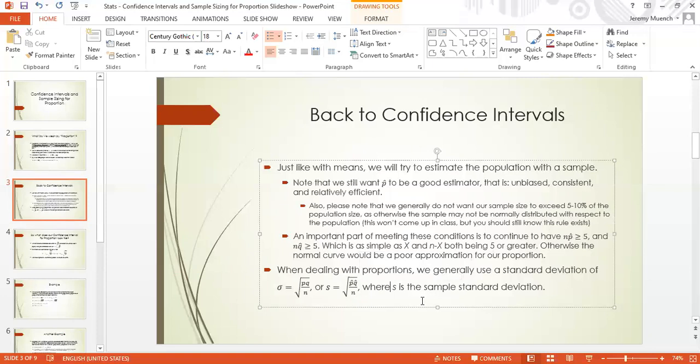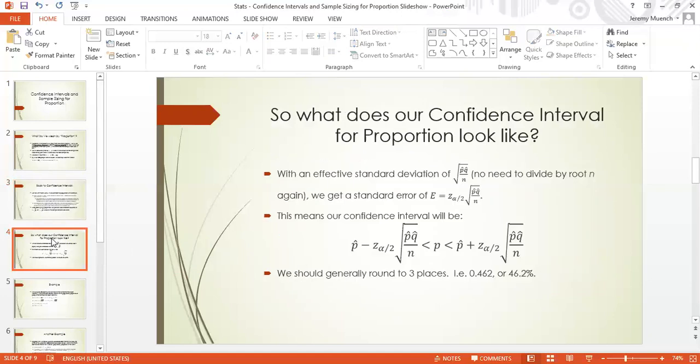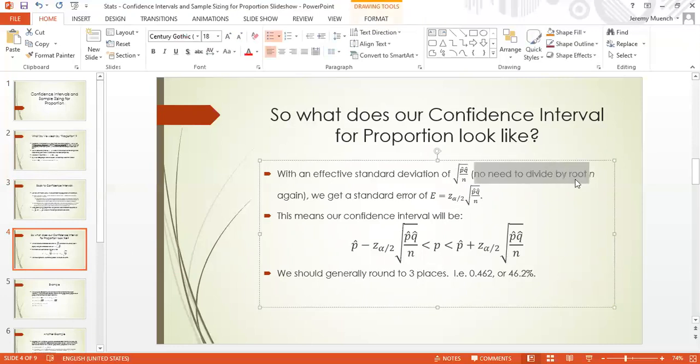Moving on to how we're going to build our confidence interval. Instead of multiplying by sigma over root n, we're going to be multiplying our z by root p hat q hat over n, as you'll see here. So an effective standard deviation of root p hat q hat over n. Again, no need to divide by root n again, we already got it.